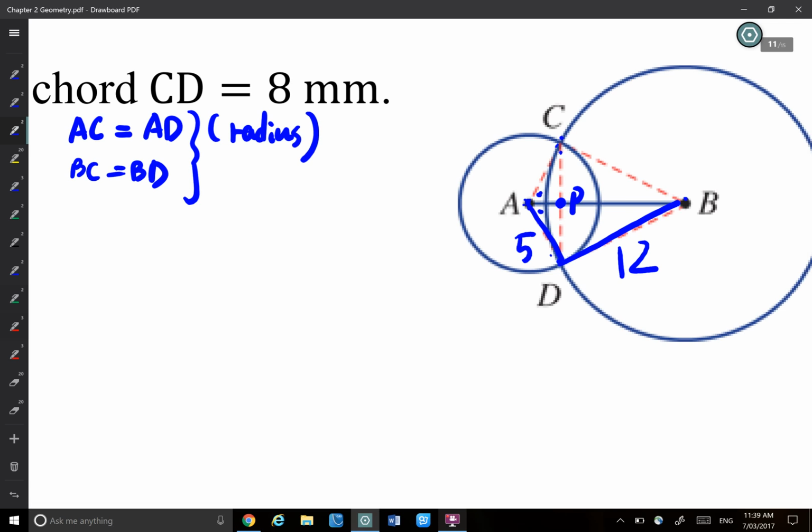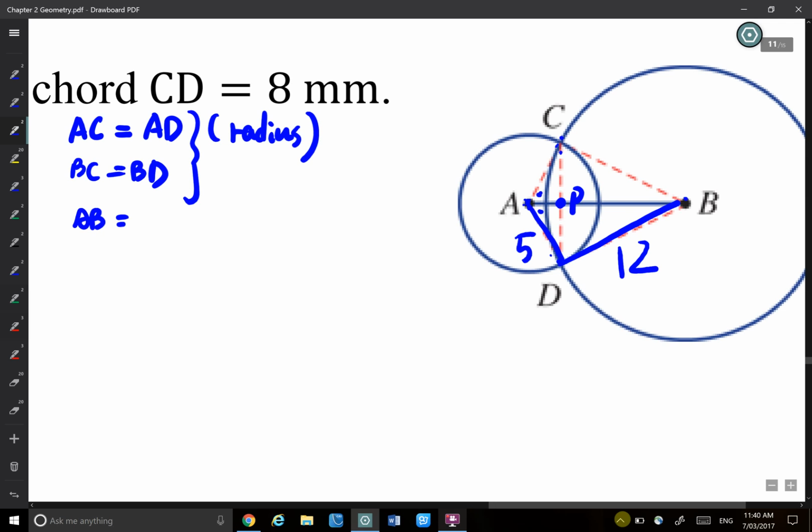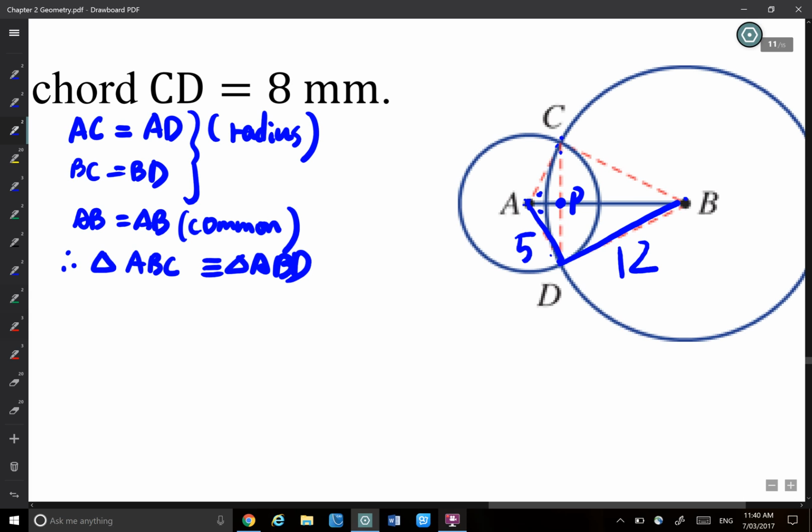And also we will have AB equals AB. That's the common one. So what you can say is triangle ABC is congruent to triangle ABD. Can you see that? Because the three side lengths are all equal, that's SSS.